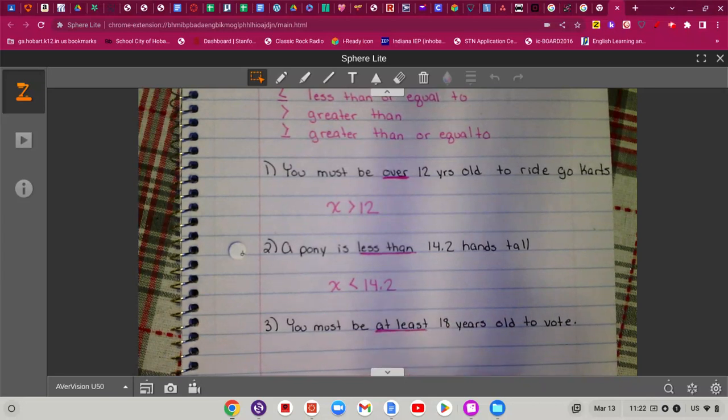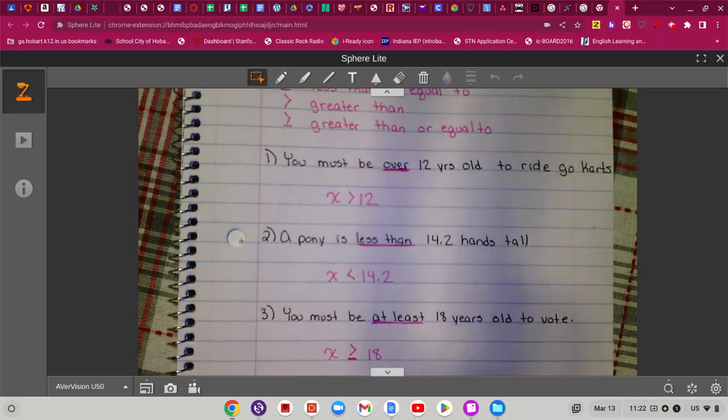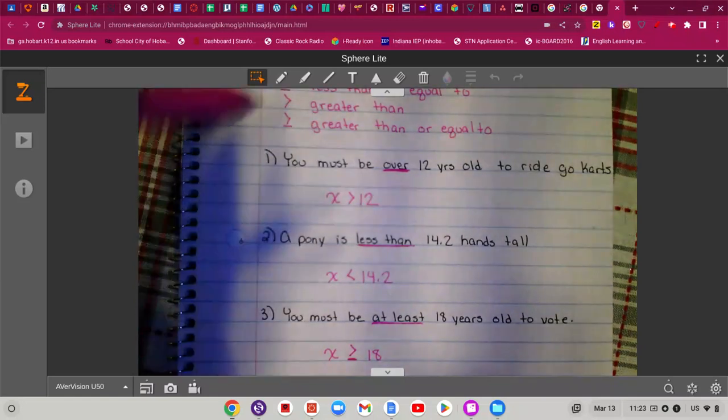So you can be 18, but that's the youngest you can be. So your variable, okay, you would end up needing to be greater than or equal to 18 because the least you can be is 18. Okay, but you have to be older than 18. You can be 18 or anything older. So it would be X is greater than or equal to 18. Okay.